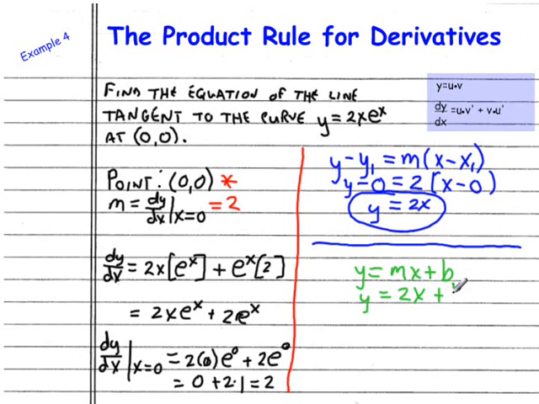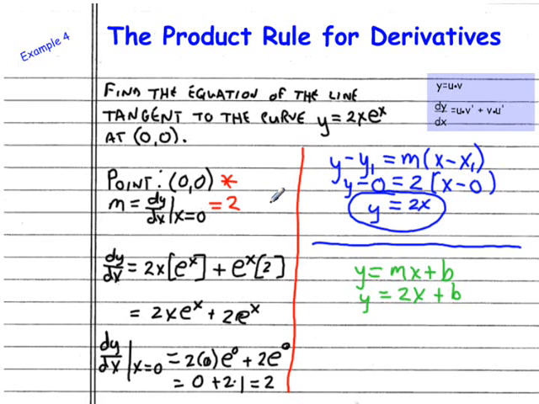Now, when you're trying to determine the equation of a line, what we end up doing is using the fact that we know one point that is on the line. And that means that if we use this x and y value in the equation of the line, the left and right side have to be equal to each other, because that point makes the equation true.